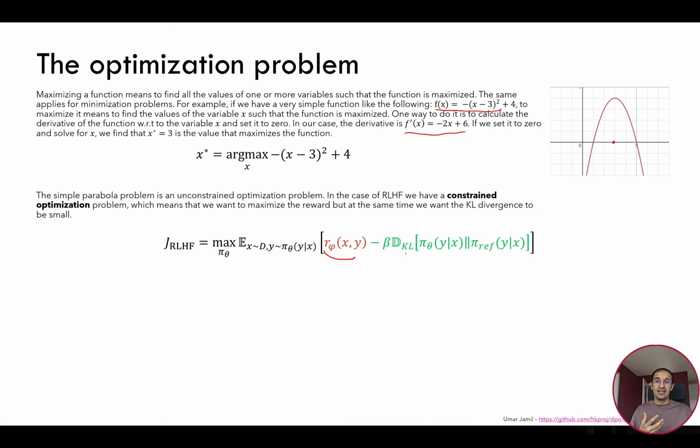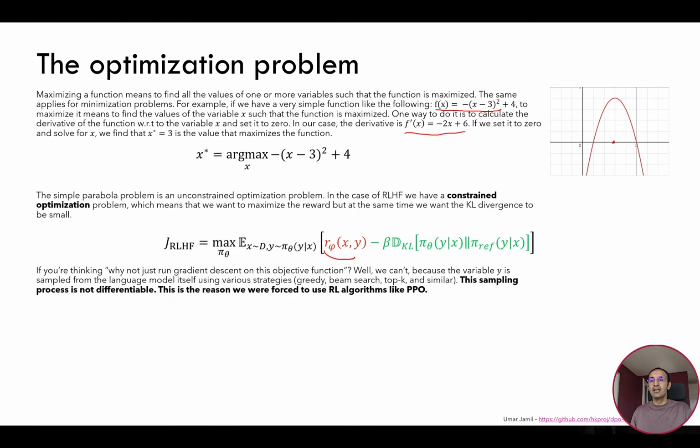We don't want the KL divergence to be too big. We want it to be constrained in some limit. Now the point is, there are many techniques for constrained optimization, and we will not see them because there are entire PhDs on optimization.